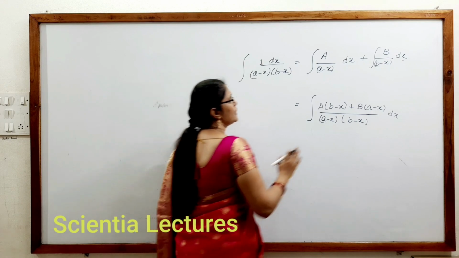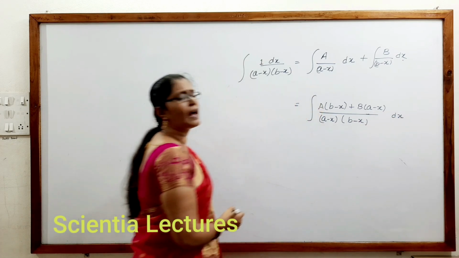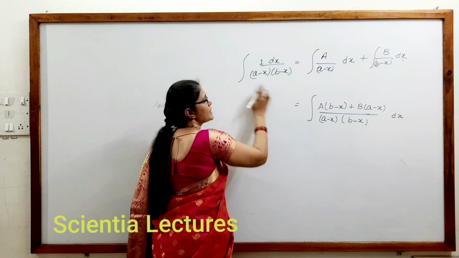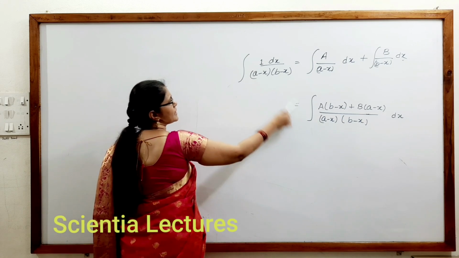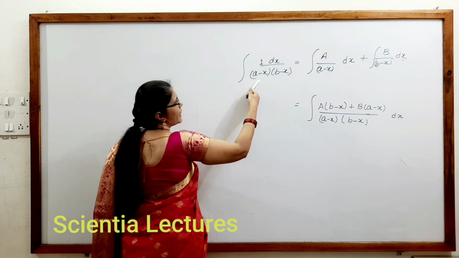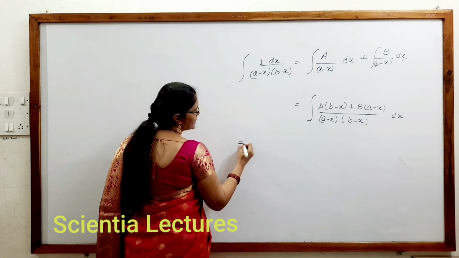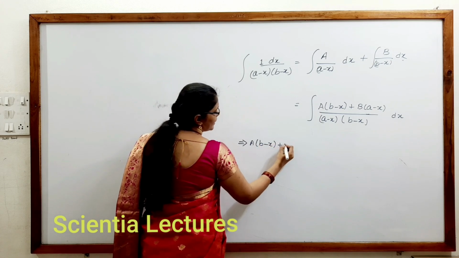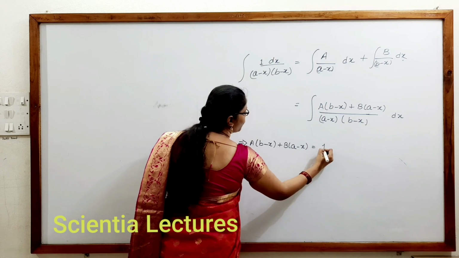Now listen carefully. Comparing this and this, (a minus x)(b minus x) is the same and dx is the same, which implies A into (b minus x) plus B into (a minus x) must be equal to 1.